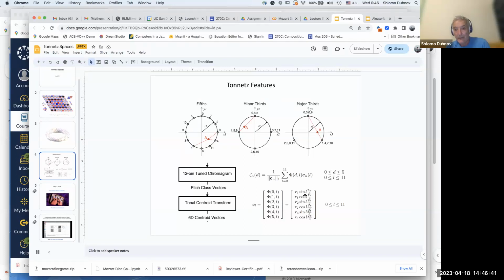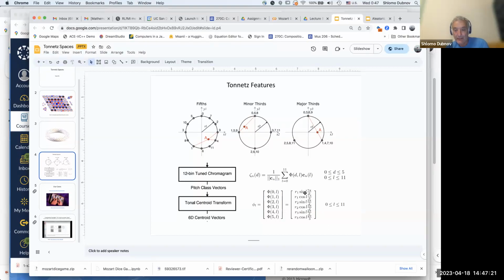Or if you use your 12, we have 1, 2, 3, 4, 5, 6, 7, 8, 9, 10, 11, 12. We have 12 steps. When we multiply this by 0, we are here. And if we go all the way to 11, we have 11 pi divided by 6. We should be here. So the 12th one will be 12 divided by 6. Just a second.